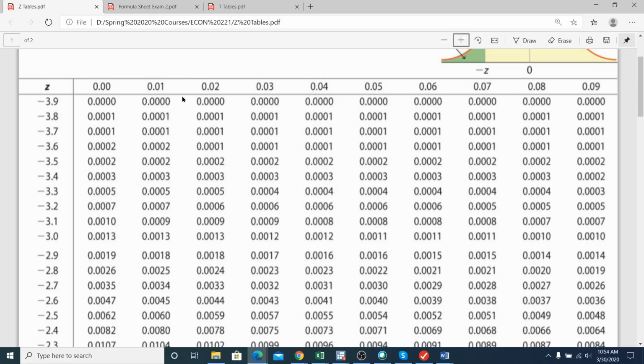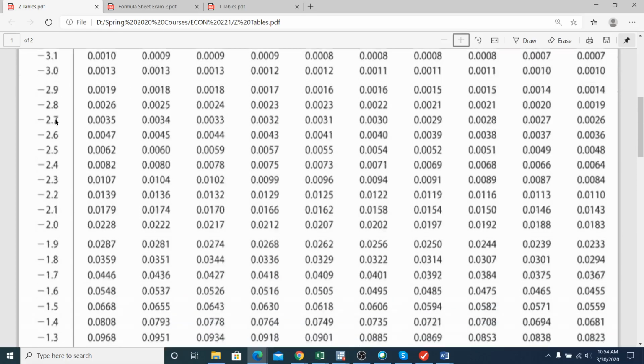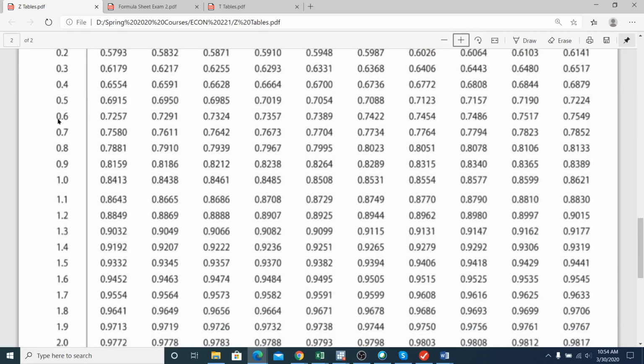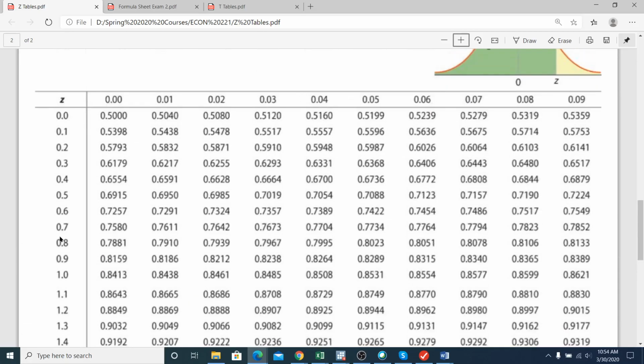The test statistic we found was 0.83. On the exam, to prevent cascading errors, I might give you an assumed true test statistic at this point, so you could look that up. So 0.83: we go down to 0.8, then over to 0.83, and the area to the left of 0.83 is 0.7967.